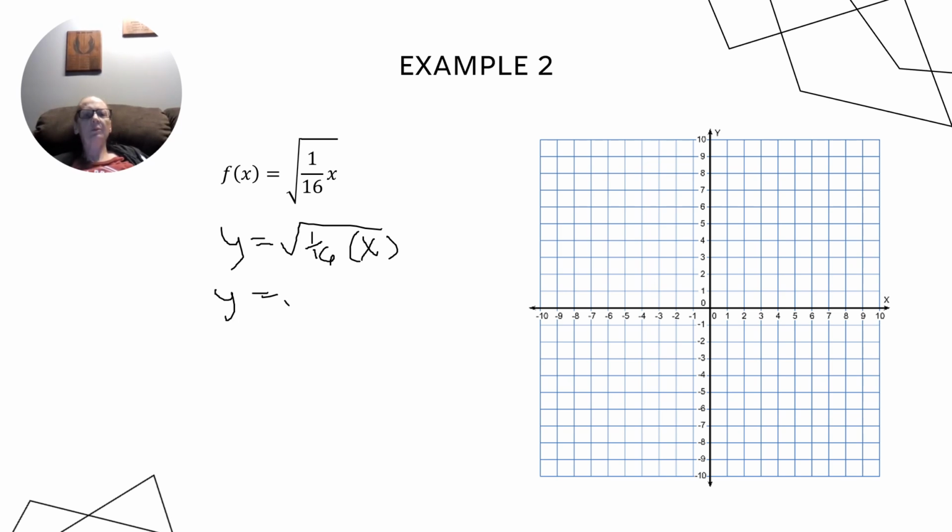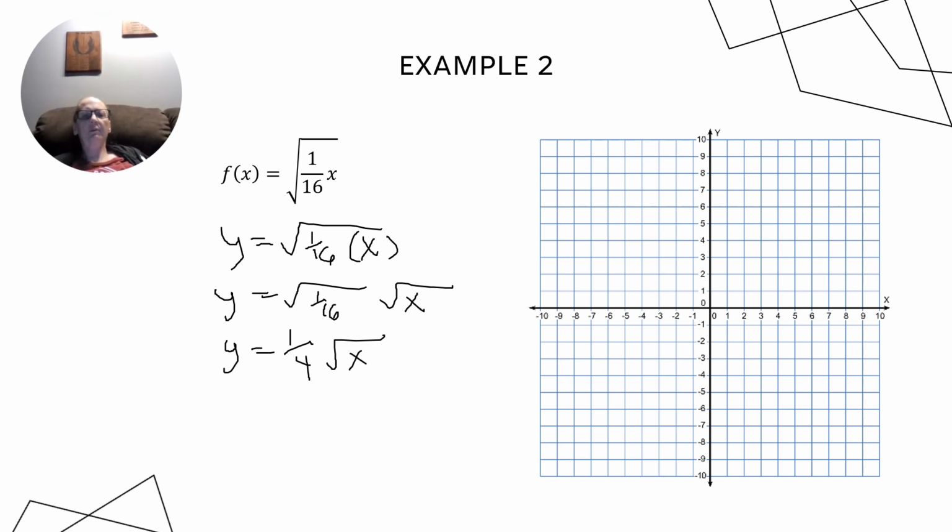So it equals the square root of 1/16 times the square root of x. And now we just simplify that. The square root of 1/16 would be the square root of 1 over the square root of 16, which is 4. And then we have the square root of x.